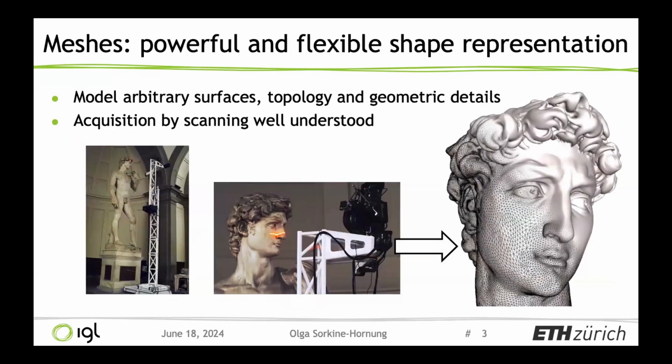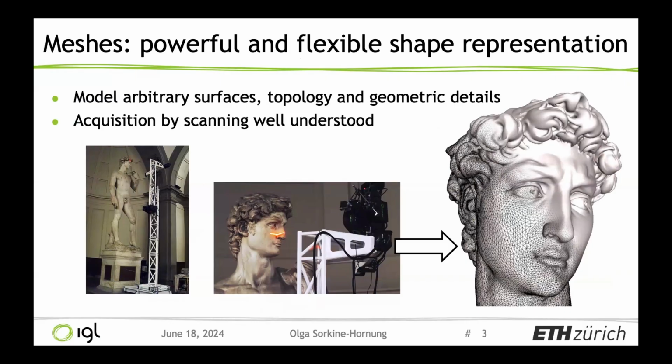So in our research, mostly we're focusing on the mesh shape representation because it's a very powerful and flexible shape representation. You can represent any topology, you can go to arbitrary resolution and have a lot of surface detail. And also acquiring such representations from the physical world is quite well understood, right? Scanning and then surface reconstruction.